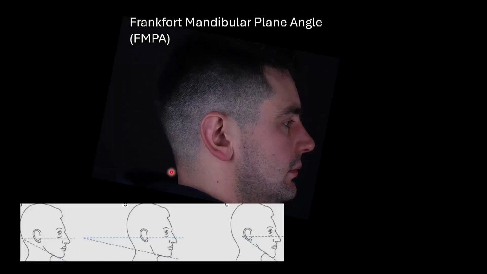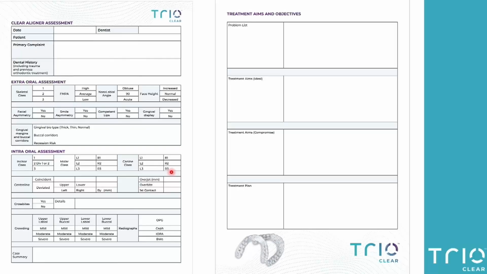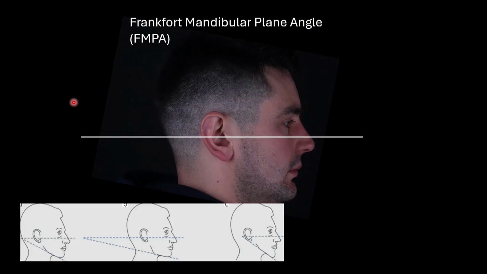Quite an interesting box there called FMPA, Frankfurt Mandibular Plane Angle, and it's quite a geeky measure. I'm going to show you how to do this on this form here.